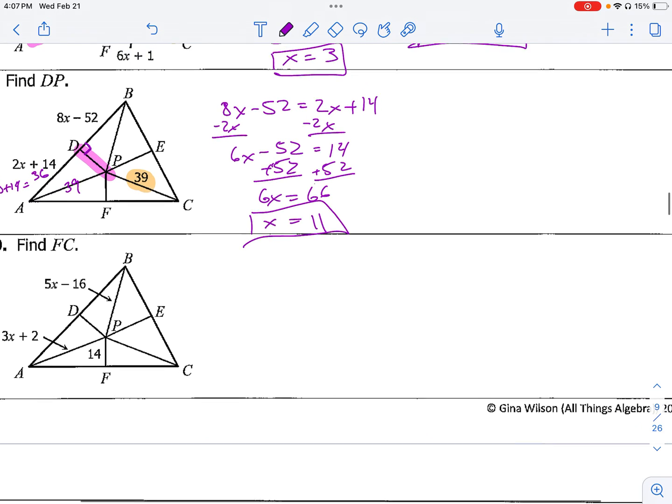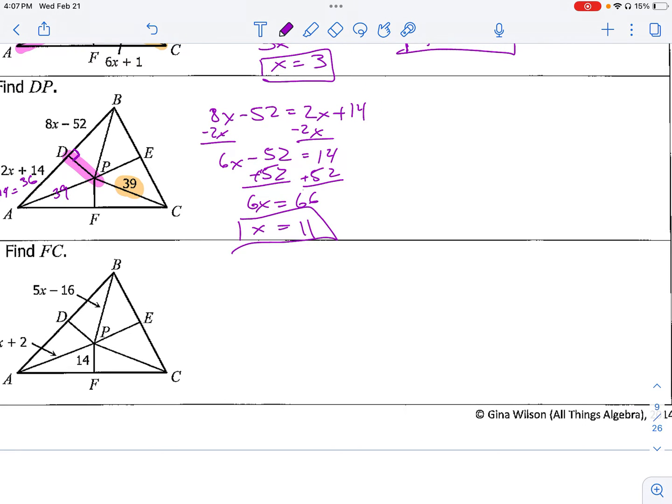So I can use the Pythagorean theorem to find it. So 36 squared plus x squared equals 39 squared. 36 squared is 1,296 plus x squared, and 39 squared is 1,521.